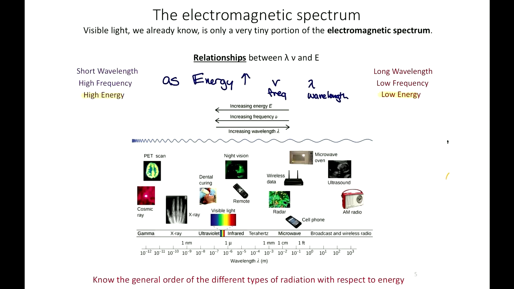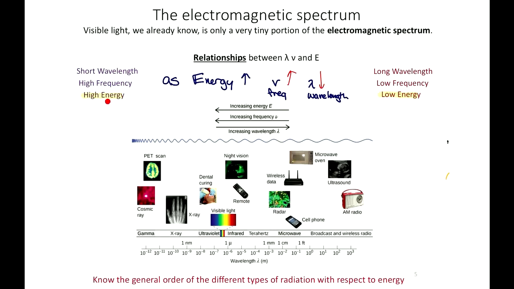We can relate all of these things to one another: energy, frequency, and wavelength. High energy light has a large frequency but a short wavelength. Those are the relationships you should get in your head. They're all related by equations, though I haven't brought up the energy one yet, but we do know frequency and wavelength are inversely proportional to one another.